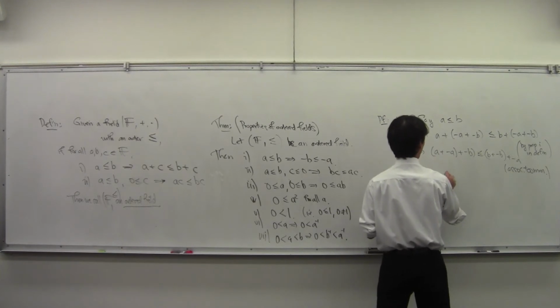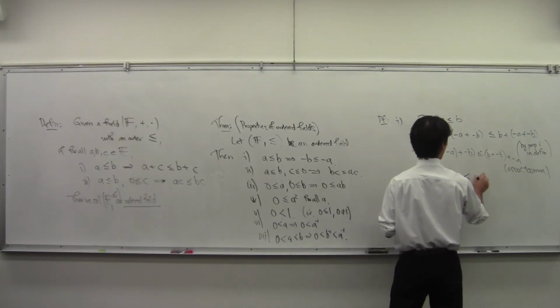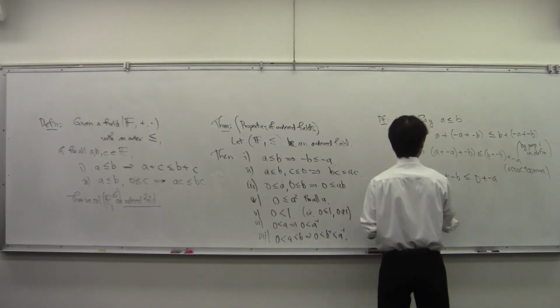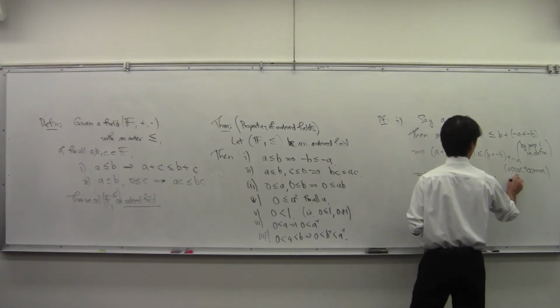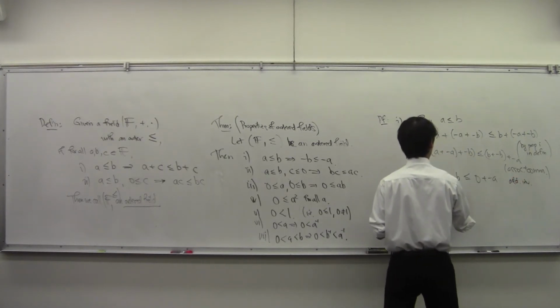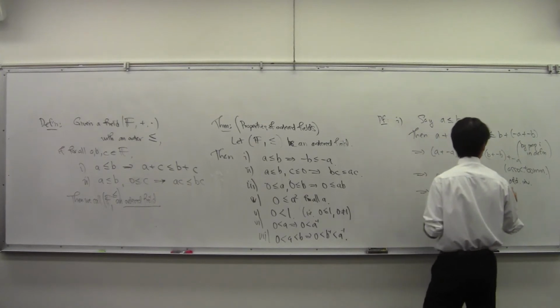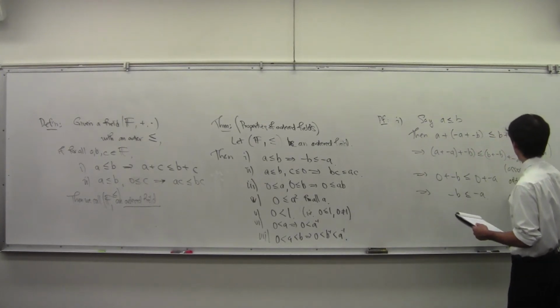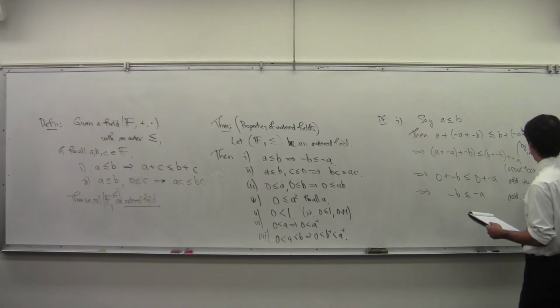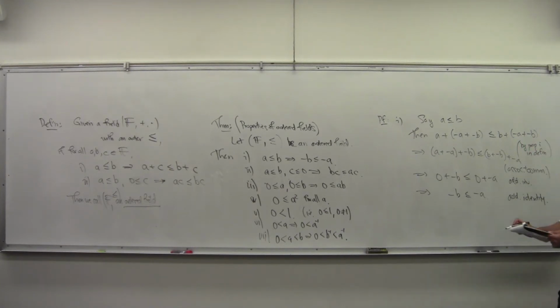And then you get 0 plus negative B is less than or equal to 0 plus negative A by definition of additive inverse. And then you get negative B is less than or equal to negative A by definition of the additive identity. Why don't you just combine those two steps, associative and commutative? Yeah, okay, being sloppy.